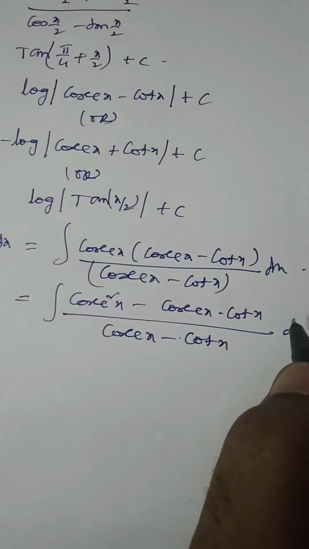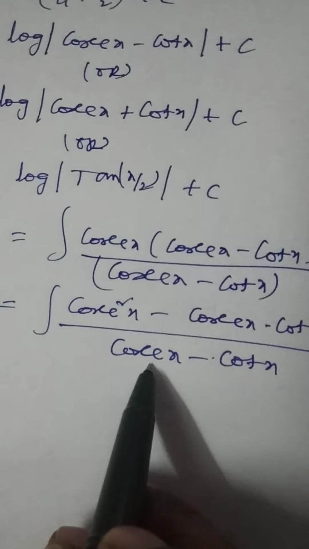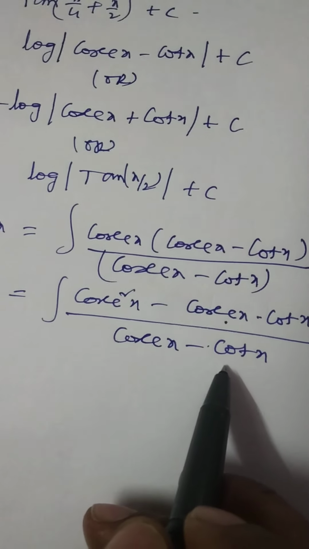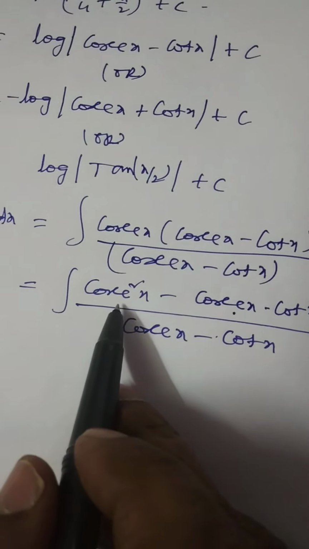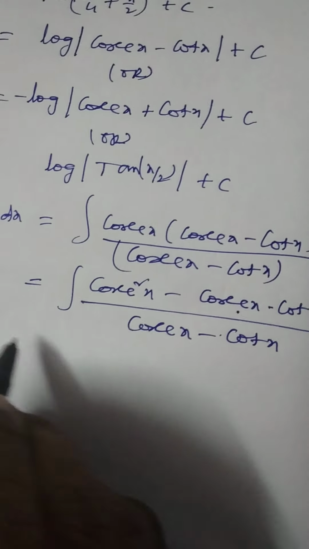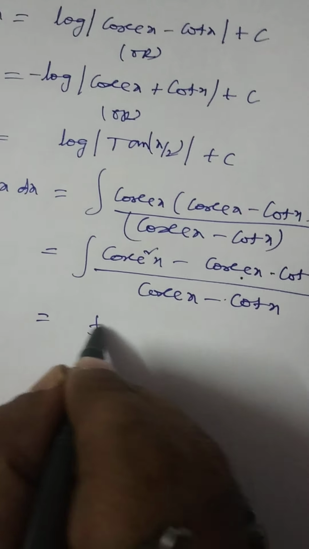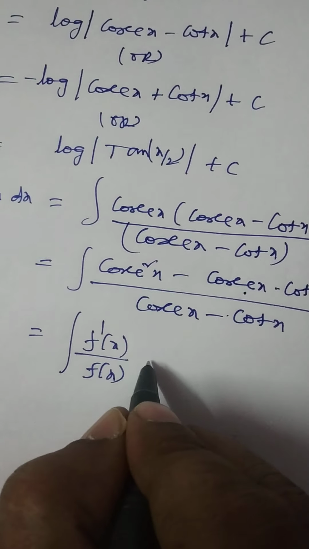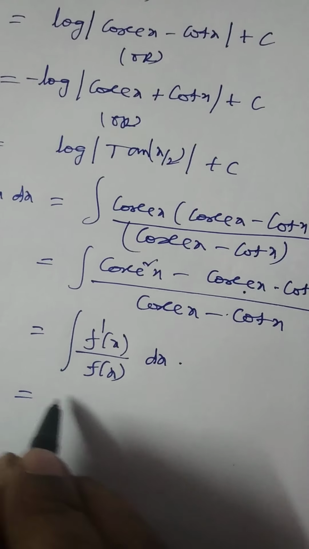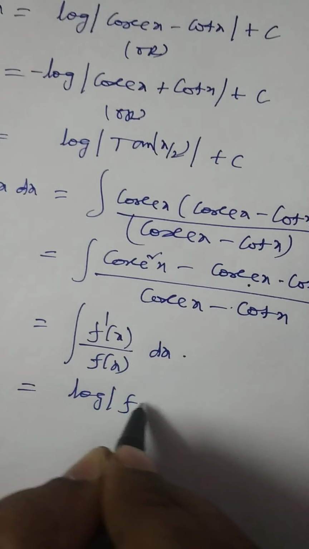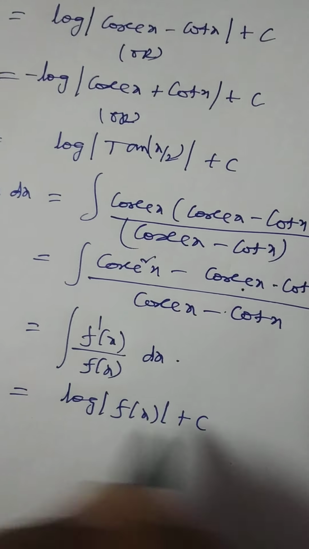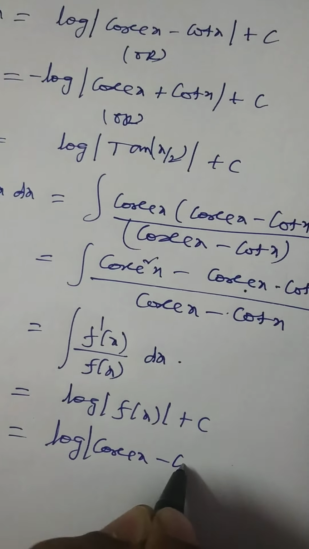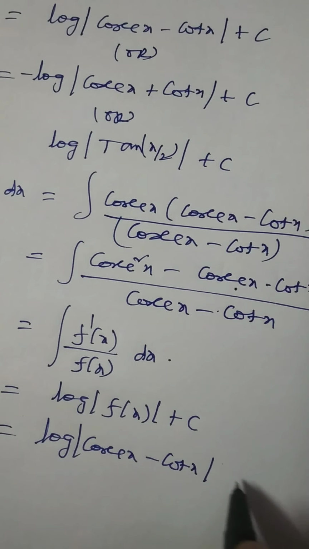Observe this denominator: cosecant x derivative is minus cosecant x cot x, and minus cot x derivative is cosecant square x. So this is clearly in the form of integration of f dash of x by f of x dx, which is nothing but log of f of x plus c. So log of f of x is cosecant x minus cot x plus c.